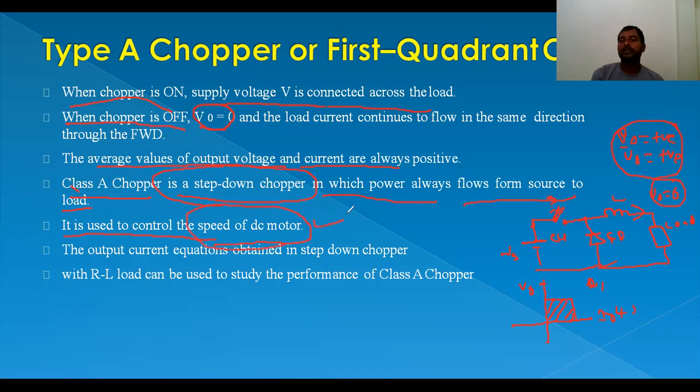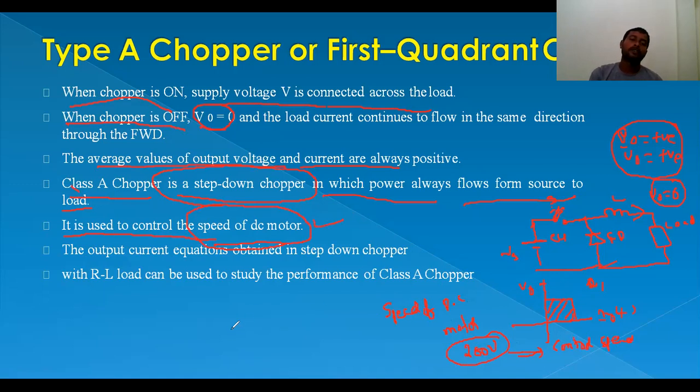So look at this one now. By using this step down chopper, we can control the speed of a DC motor. For example, the DC motor is rated 200 volts, but by reducing the voltage using the chopper, you can control the speed of the DC motor.